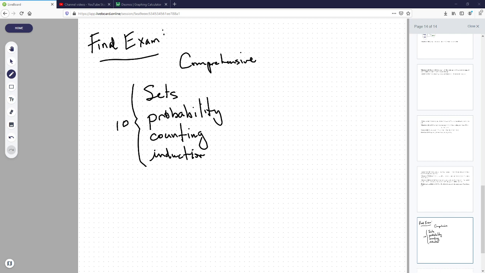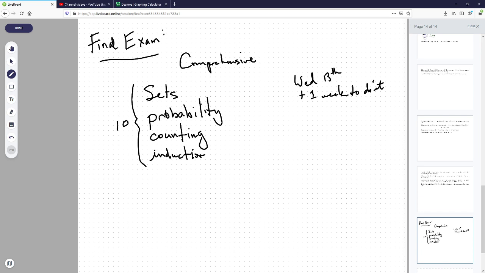I can probably just release the final exam on Wednesday the 13th, and you can have like 1 week to do it. I don't think I'm going to make it any longer.